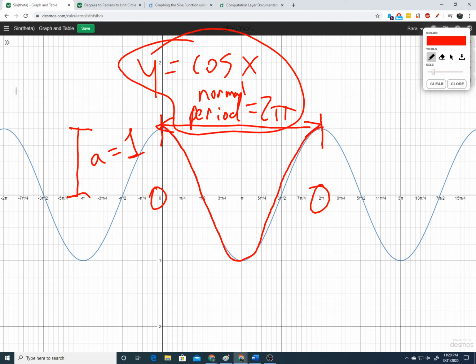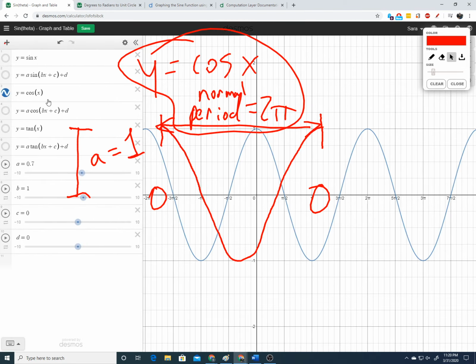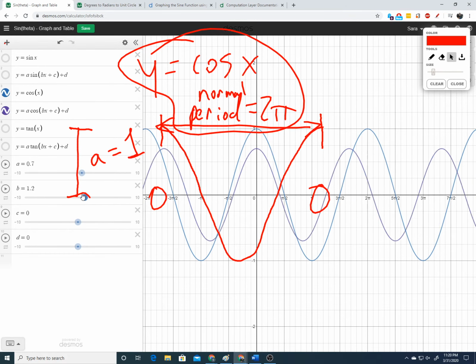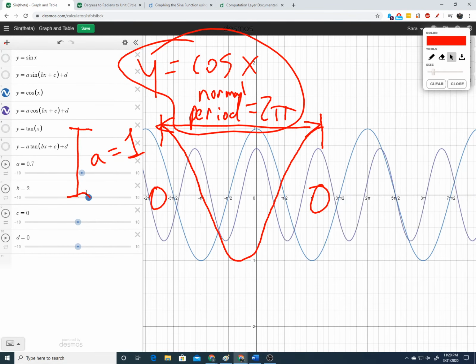Again, I'm going to make a big deal out of that on Friday. We're not going to have necessarily normal periods. We're going to talk about what happens when you squeeze this in like an accordion or stretch it out. And we're going to teach you the math behind that, the number part of it.